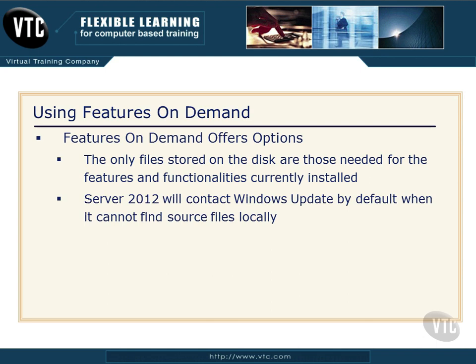Server 2012 will contact Windows Update by default when it can't find something locally. So if we install Server 2012, come back later and say, oh, we want to turn on some other service, then if it's not on that disk, and if we're using Features on Demand, it won't be, then it will automatically connect to Windows Update and try to pull that source down.